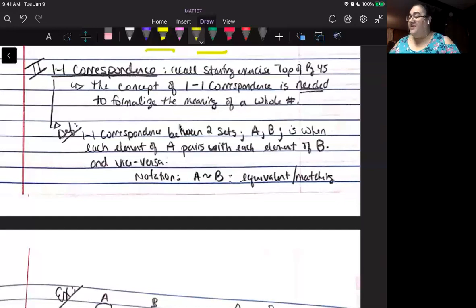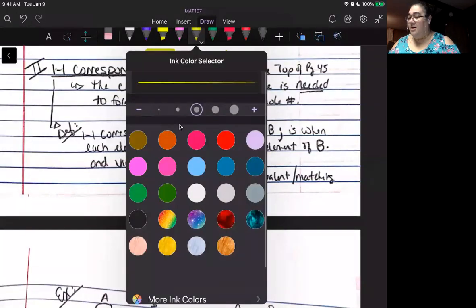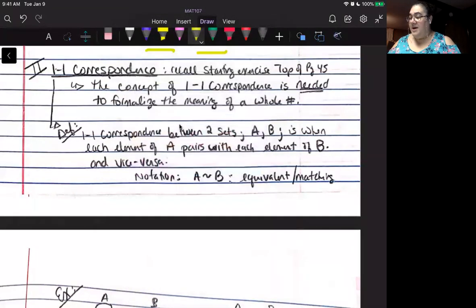So here is the official definition of one-to-one correspondence. One-to-one correspondence between two sets, set A and set B, is when each element of set A pairs with each element of set B and vice versa.